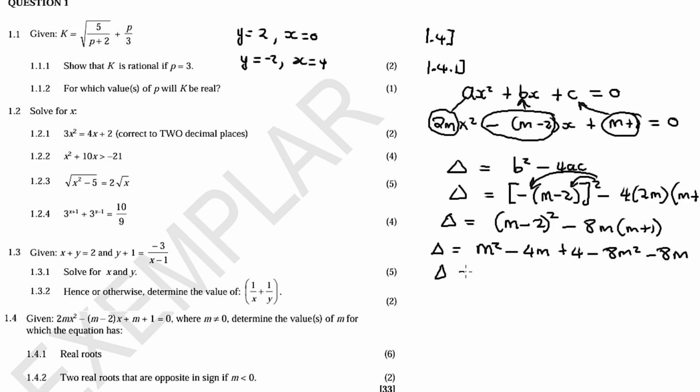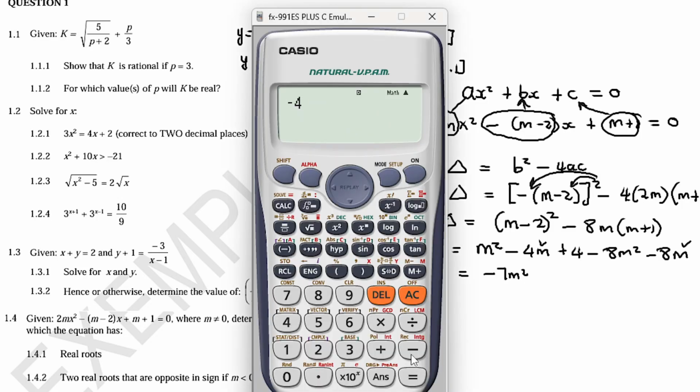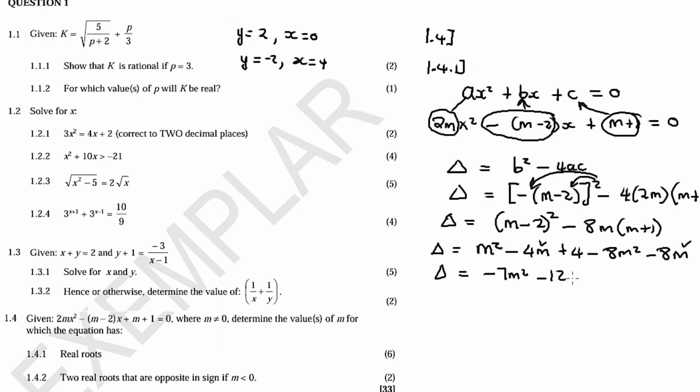So m squared minus 8m squared gives negative 7m squared, and minus 4m minus 8m gives minus 12m, plus 4. This is our discriminant.